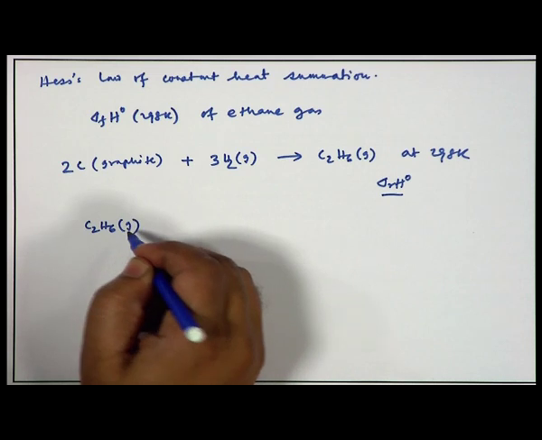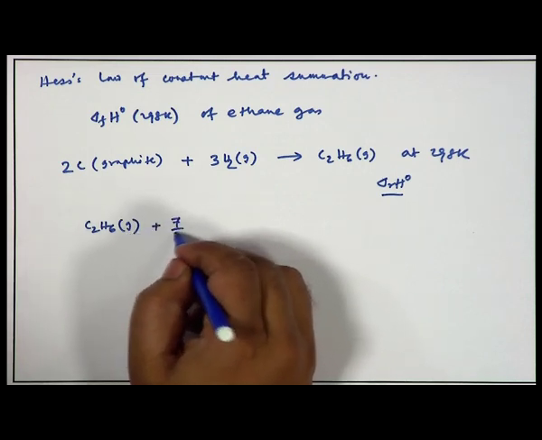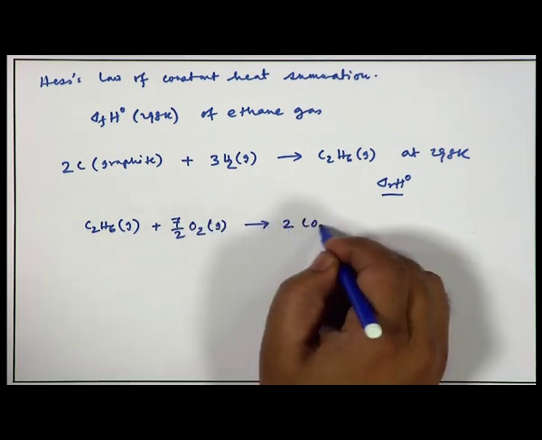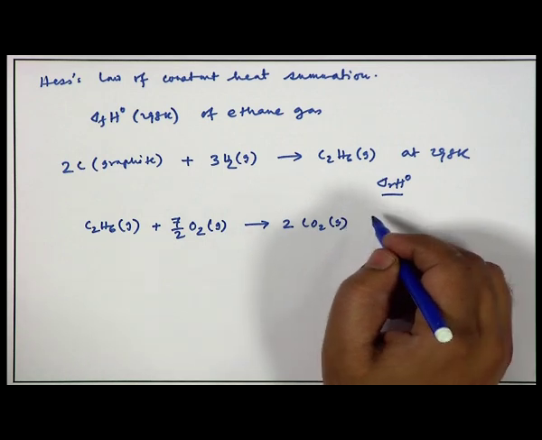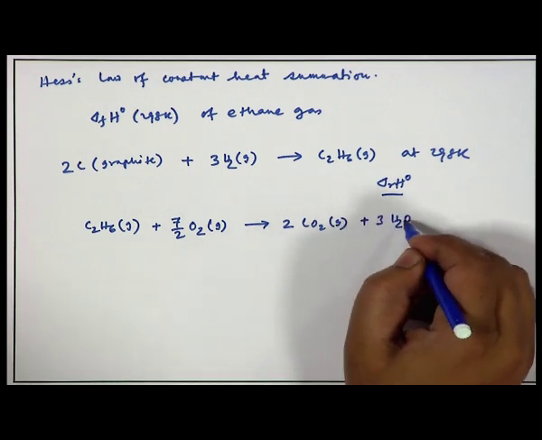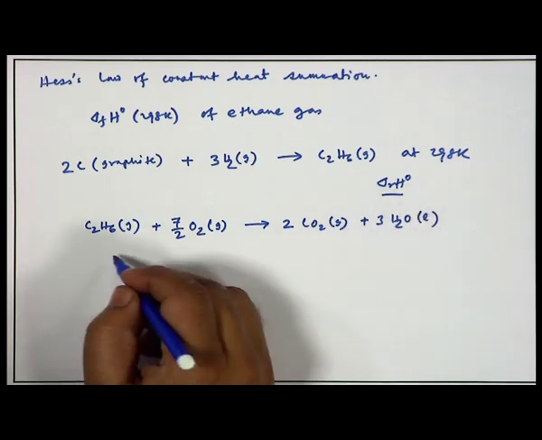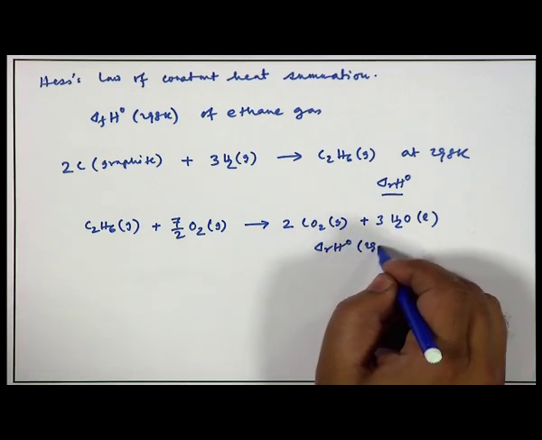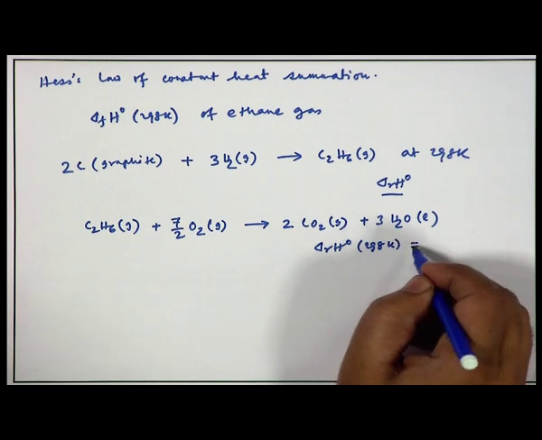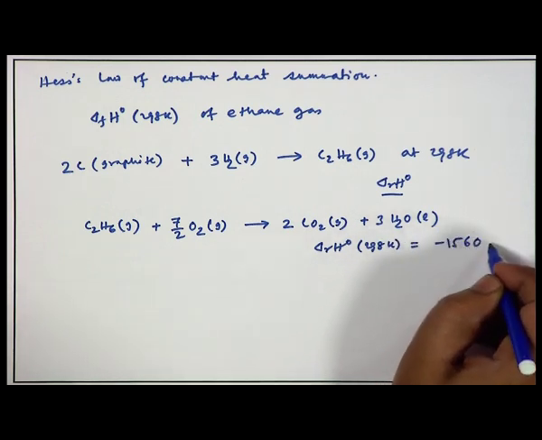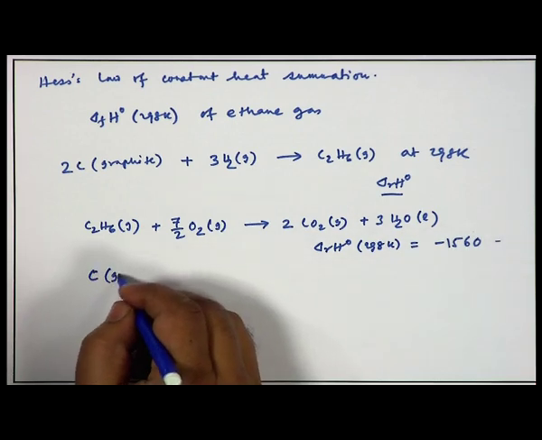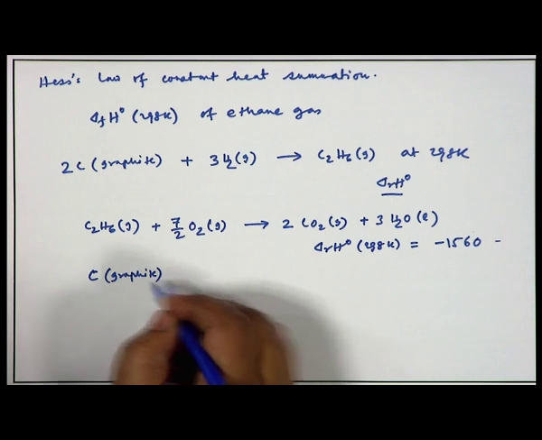So, we can write the combustion reaction, which is basically burning in oxygen, and delta H reaction for this reaction at 298 K is 1560. I am not writing kilojoule per mole just to make it faster, but you should always write the unit associated with this.